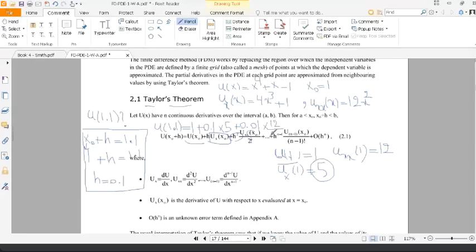And we compute these terms, and then we have the approximation of u of 1.1.